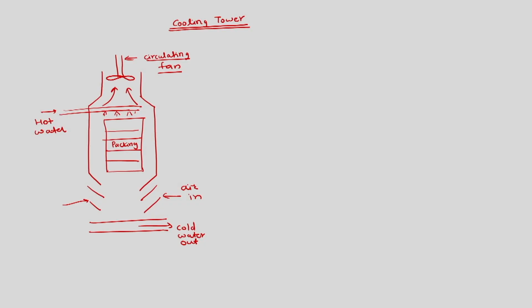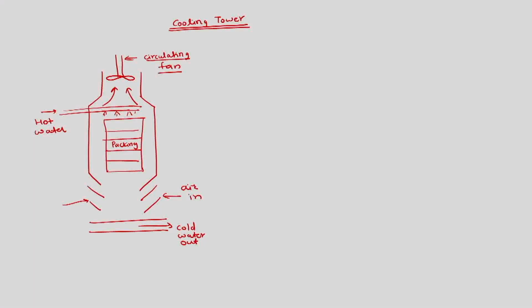So here we are cooling the cooling water, which is not part of the Rankine cycle. Rankine cycle is having water which will get evaporated in the boiler, then expanded in the turbine and condensed in the condenser.